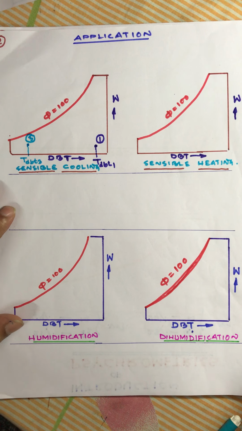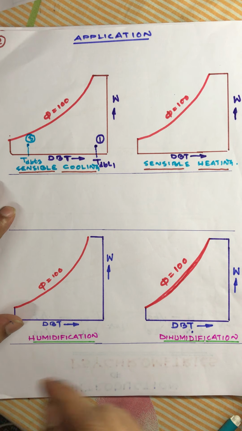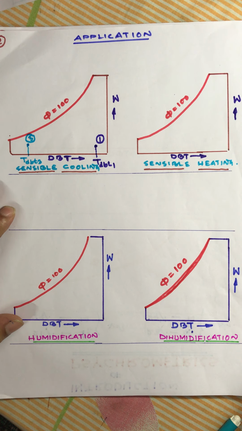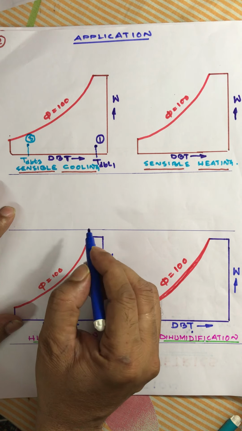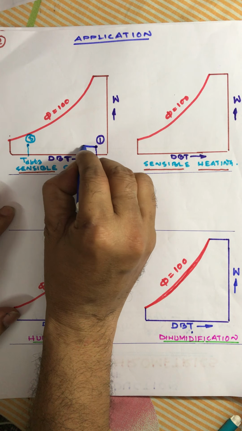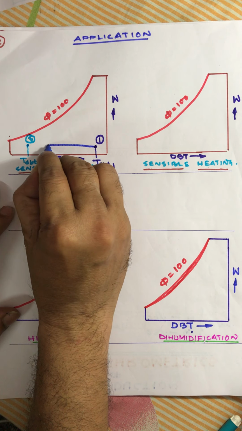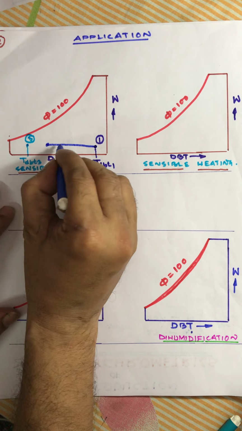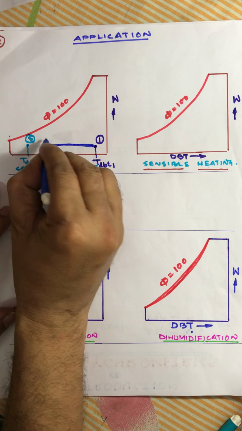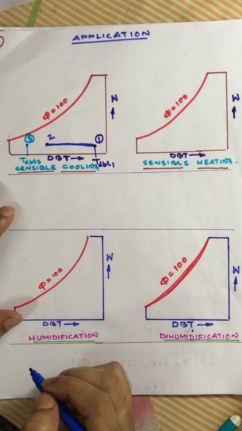So, when the room air is passing around the cooling coil, the temperature of the room air will decrease. Suppose the room air is proceeding towards the cooling coil temperature and that will stop here. So, this is the final temperature, suppose 2, final temperature of the room air.